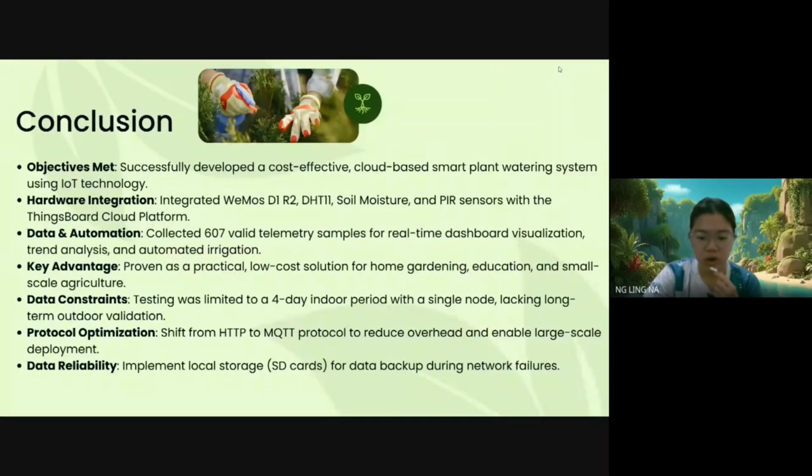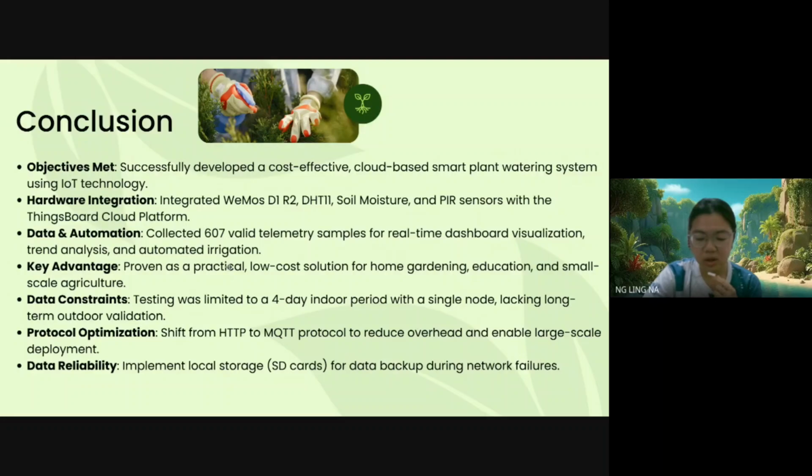Okay, so for the conclusion, our project successfully achieved all its goals. We built a highly cost-effective system using the microcontroller and ThingsBoard cloud. It successfully collected over 600 data samples for real-time monitoring and automated watering, proving that smart agriculture doesn't have to be expensive.